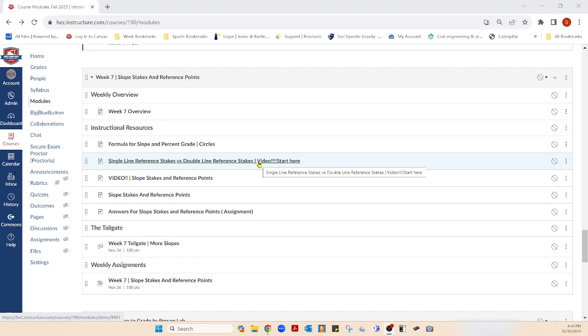It's a little bit lengthy, but it sure does clarify the difference in working with single line stakes versus double line. So enough of that. That's where I would start.